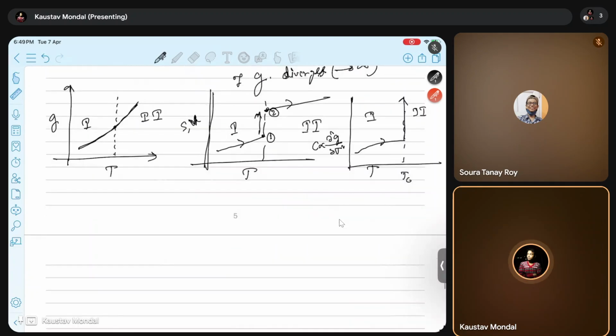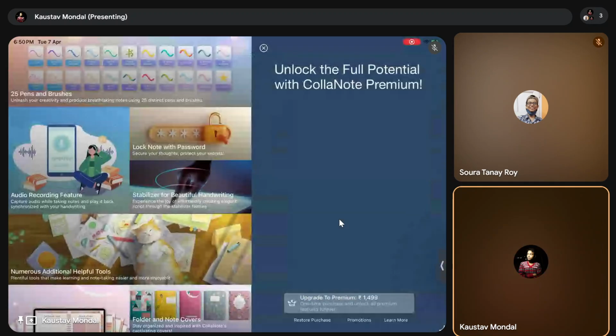So for any phase transition, first you have to draw the diagram. That means from the diagram itself, the GT diagram, the S and V versus T diagram, or the specific heat versus T diagram, by plotting these you can characterize what kind of phase transition is happening there, whether it's first order or second order.